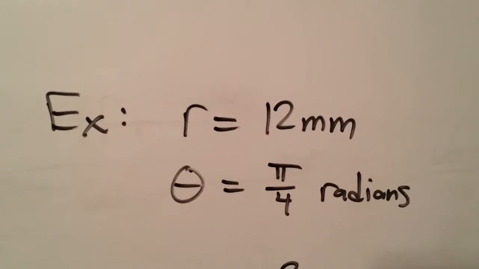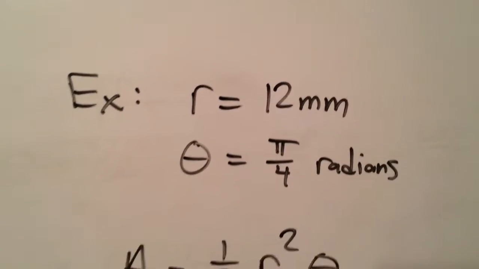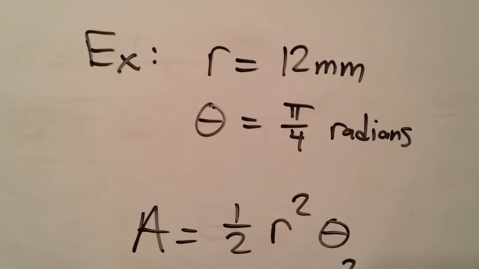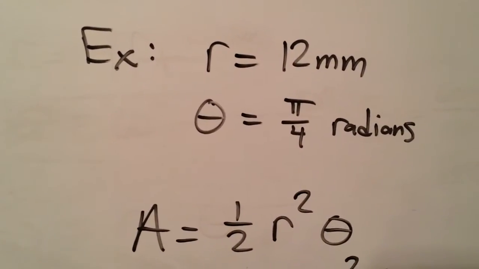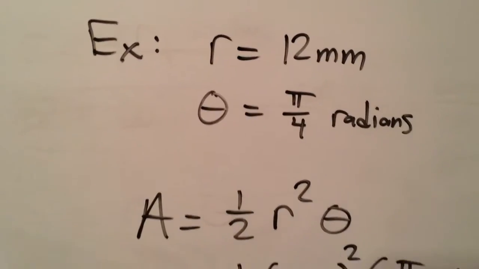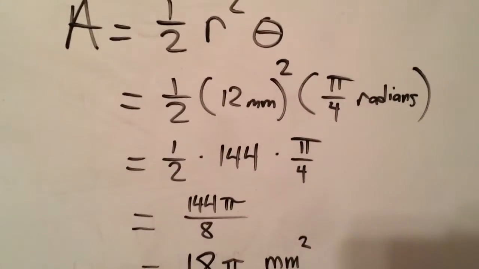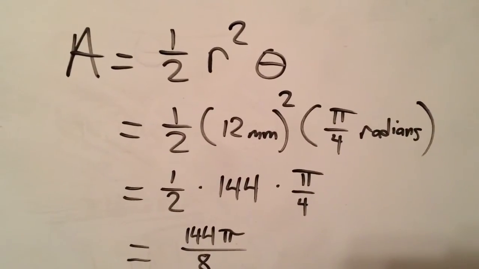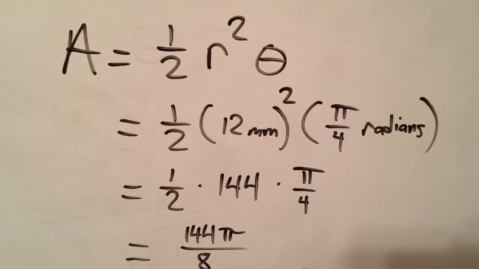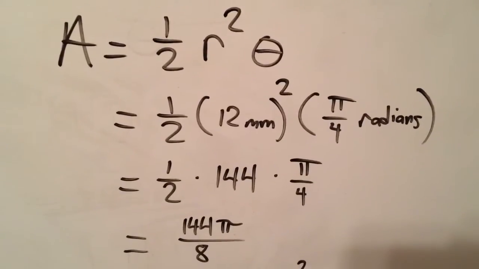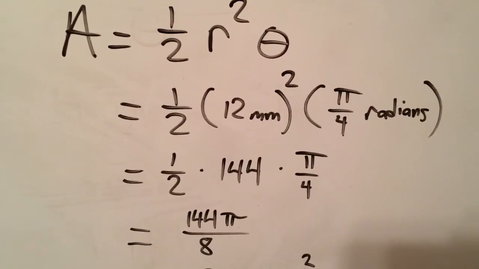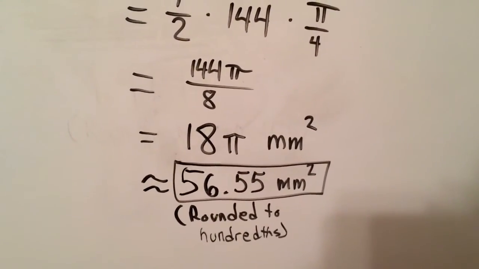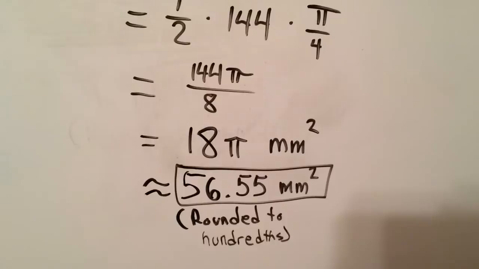I can go ahead and substitute these values into my formula, and so with R being 12 millimeters and theta being pi over 4, by plugging it in and simplifying the mathematics, 1/2 times 12 squared times pi over 4 radians eventually becomes 144 pi over 8, which reduces to 18 pi millimeters squared.